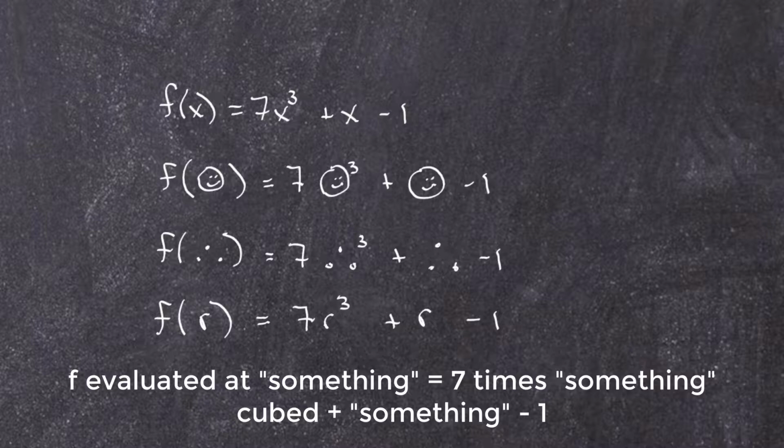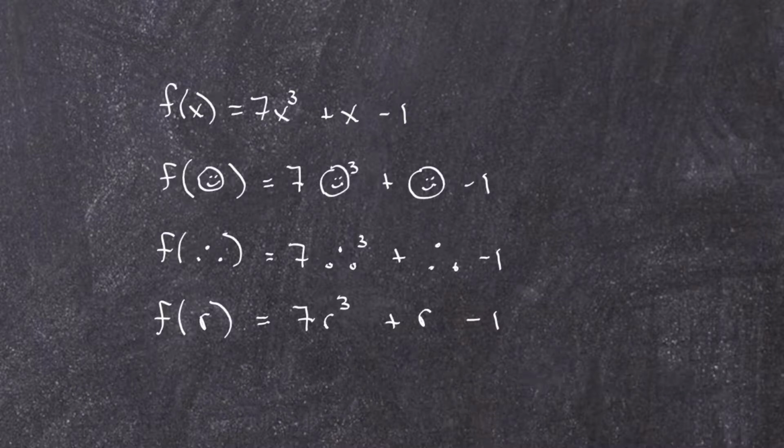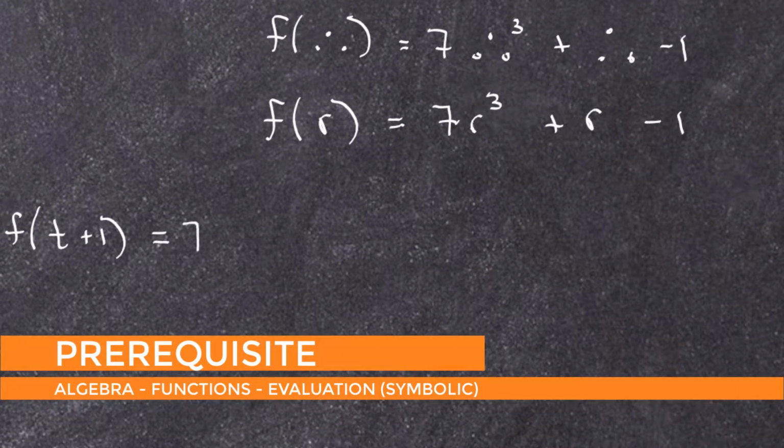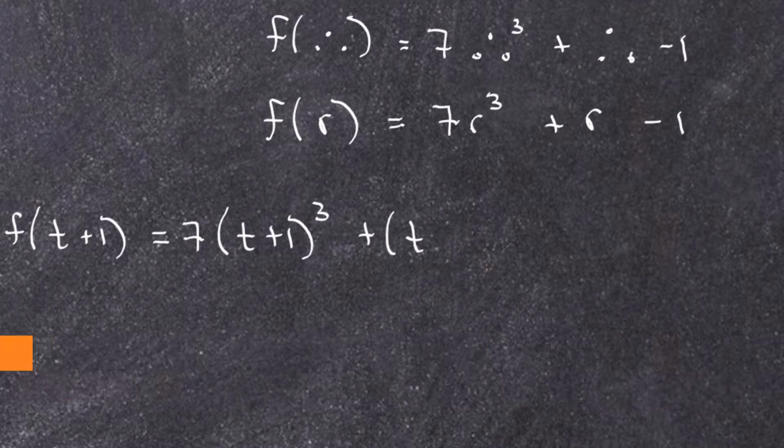This notation becomes incredibly powerful when you need to do so-called time shifts or adjustments to inputs. For example, we might need to evaluate our function at a point other than x or happy face. What if we needed to evaluate this function at t plus 1? The function notation gives a lot of power here because we can easily replace our input x with the new input t plus 1.